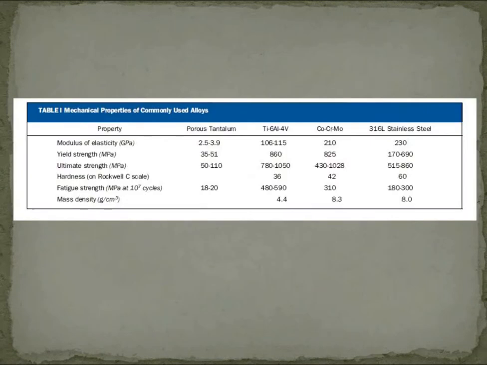And this is a table from a recent JBJS instructional course lecture, which I don't know if you can read the numbers there, but as you can see there, titanium has about half the modulus of elasticity of stainless steel, but if increased in thickness by a few millimetres can overall increase its strength to be comparable.